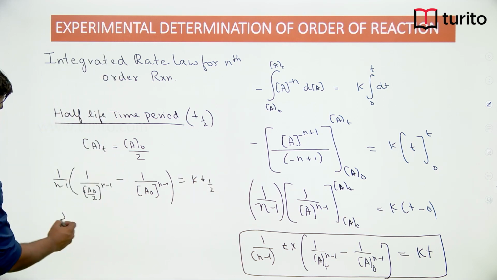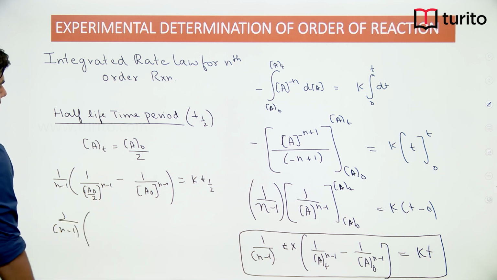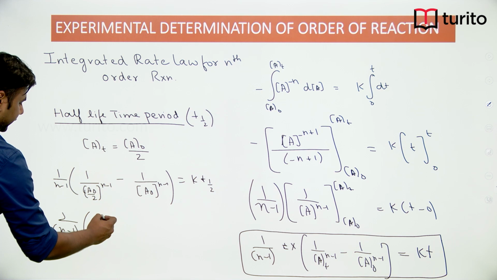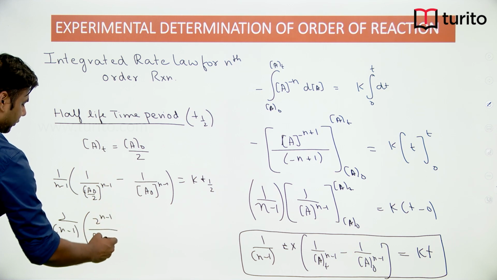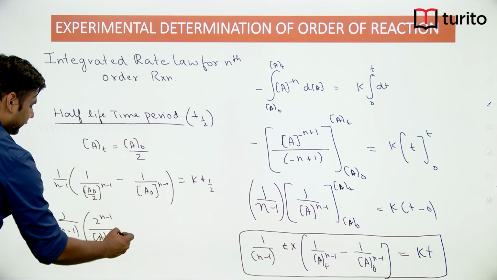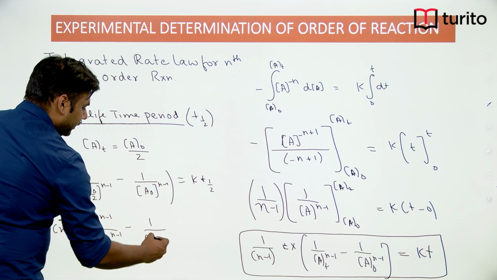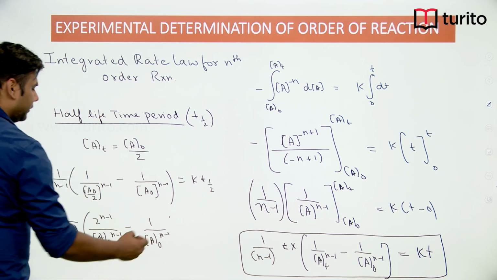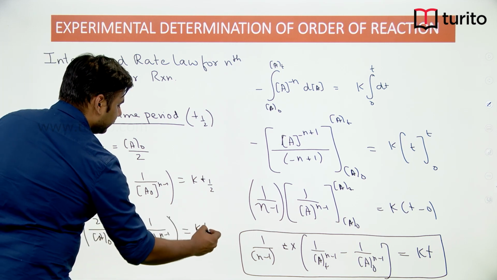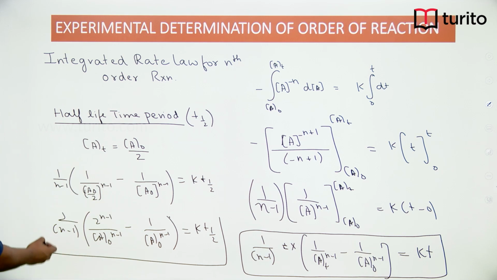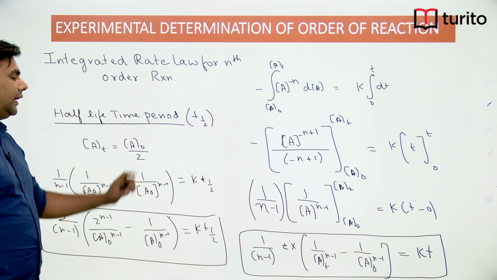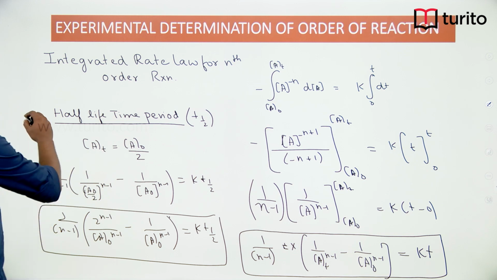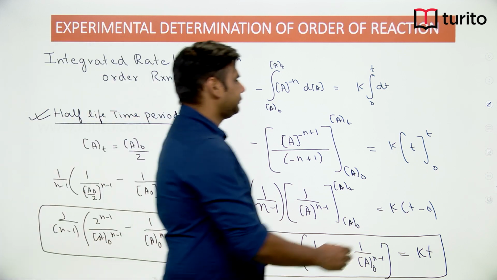Okay, so we are going to get 1 by n minus 1 into 2 raised to power n minus 1 upon A naught n minus 1, minus 1 by A naught n minus 1, equals k into t half. So we can clearly say that this is the expression of t half for a nth order reaction. I hope you can integrate this easily.